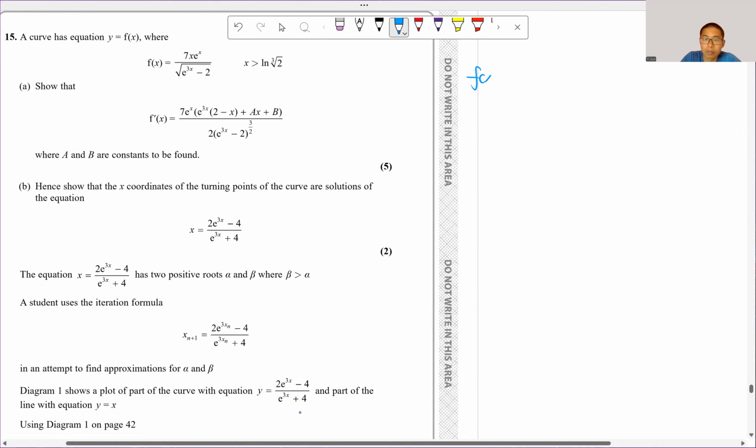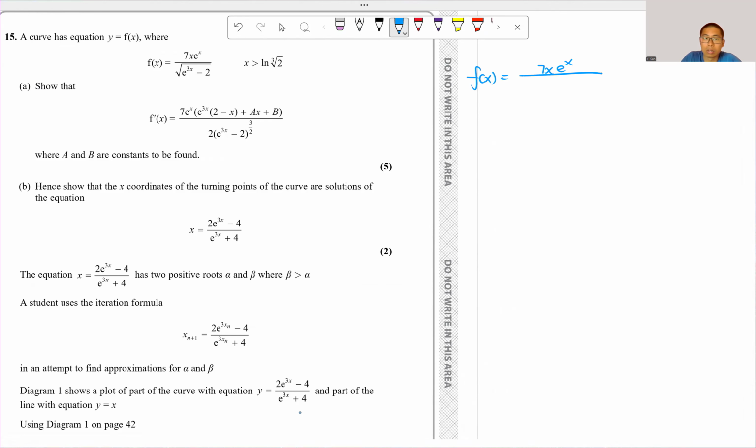So f(x) is equal to 7x e to the power x over the square root of e to the power 3x minus 2. To differentiate this we use the quotient rule. First, we square the denominator, then that will be just e to the power 3x minus 2. And then we have the square root of e to the power 3x minus 2 times the derivative of the numerator.